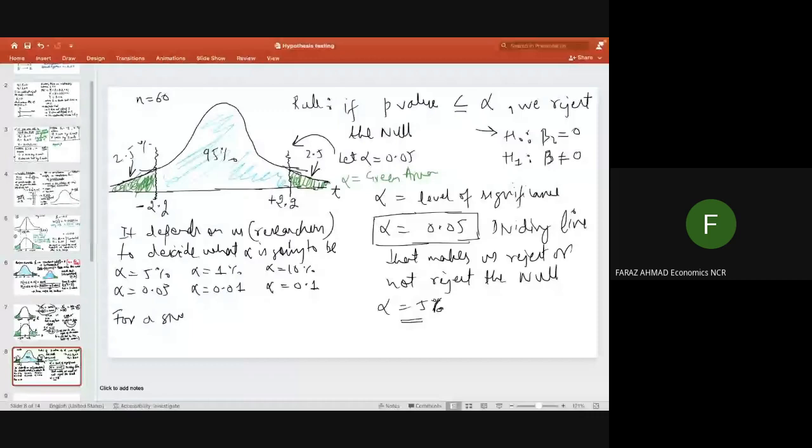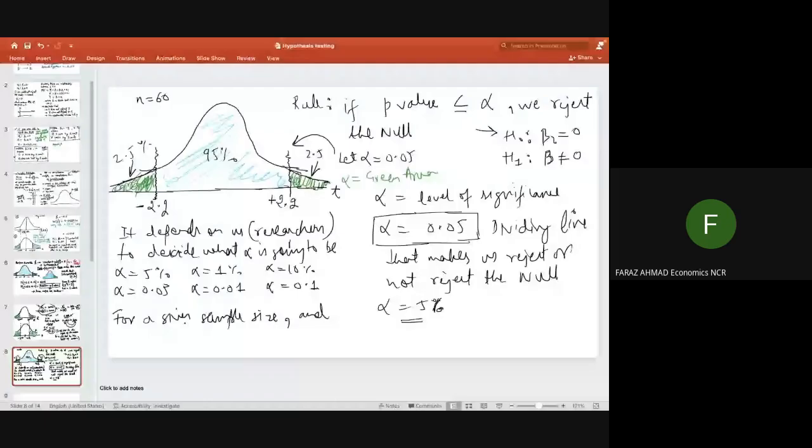So for a given sample size and a given alpha, there is a unique t value, right?